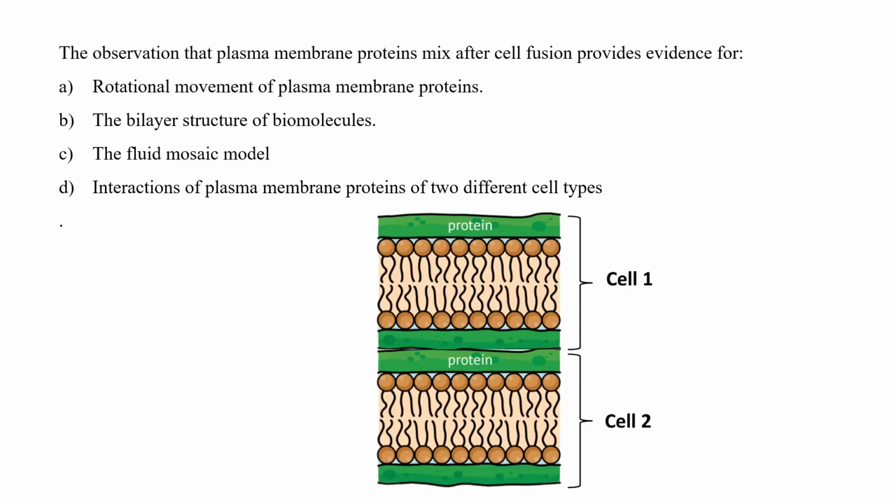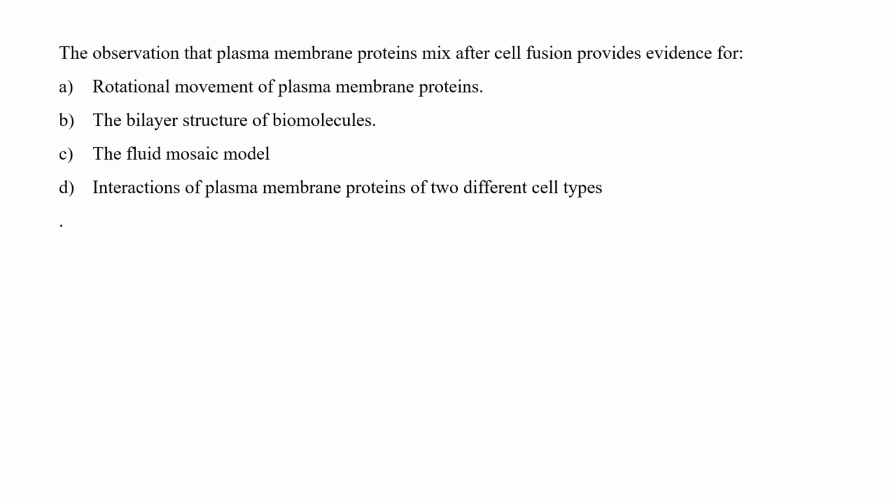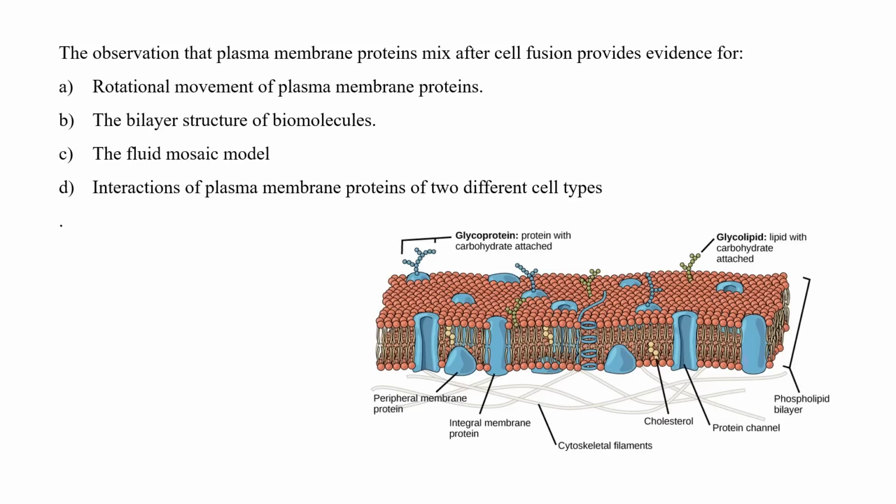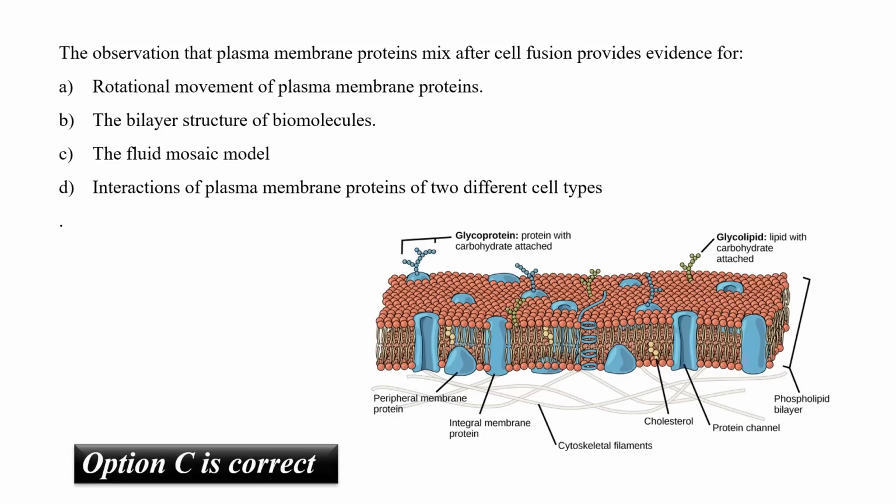But as far as Frye and Edidin's reports were concerned, they found that the proteins of both the layers diffused and mingled, meaning that the layers are fluidic in nature and can mix. So option C is the correct answer, that the Frye and Edidin model suggested that the lipid bilayers are fluidic in nature rather than static.